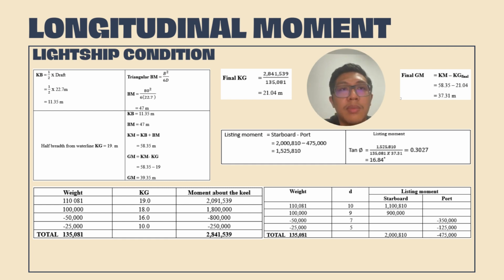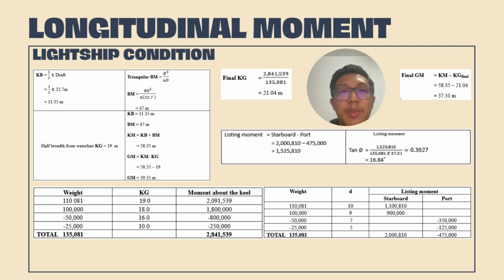And then by using the weight and KG, we calculate the moment about the keel, and we find the final KG, which is 21.05 meter, and the final GM, which is KM minus KG final.